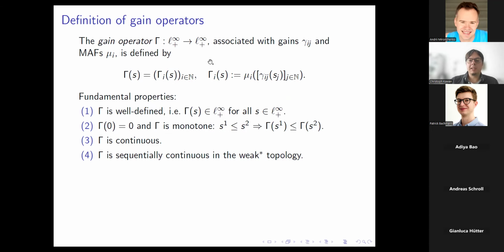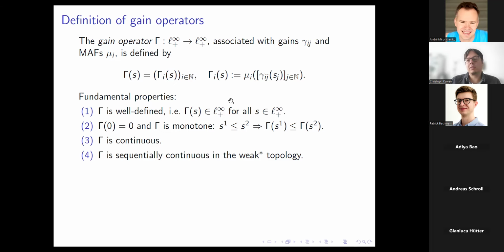And it's always a gain operator associated with fixed interconnection gains, gamma ij, and fixed monotone aggregation functions, mu I. And it's defined in this way. So of course, it has component functions, gamma I of s, and gamma I of s is defined in the way you can see here, via those interconnection gains and also the monotone aggregation function.